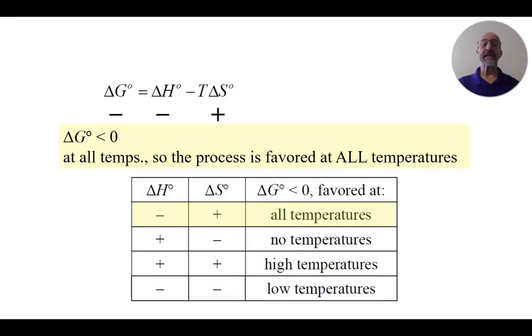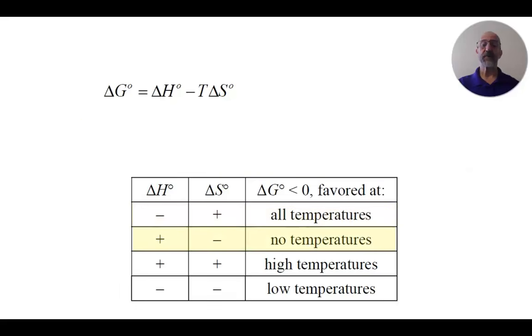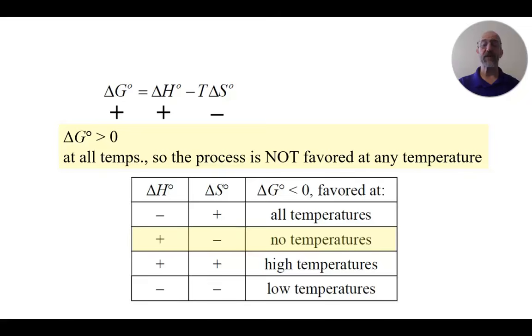Now, let's consider the next row of this table. What if the sign of delta H is positive and the sign of delta S is negative? Well, mathematically, the value of delta G would be positive at all temperatures. So if delta G is positive at all temperatures, now the process is not thermodynamically favored at any temperature.